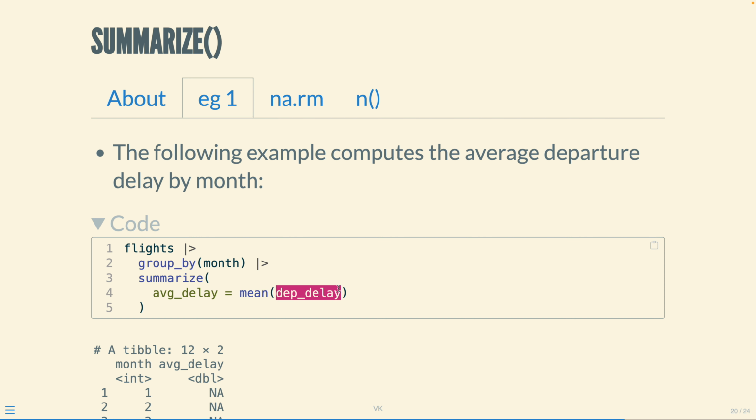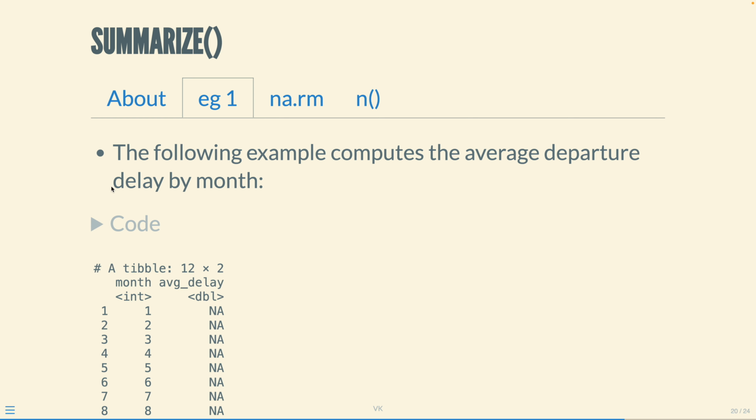So we're basically saying first you group, right? You create different groups of all the different months, and then you compute the average delay using the departure underscore delay variable, okay? And notice here our output is going to give us month and average delay. And whoops, what happened here?